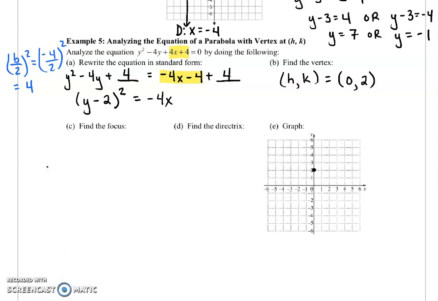Now we need to find the focus. Since we have a negative 4x here, the negative 4x and the y's on the left-hand side tell us that our parabola opens left.